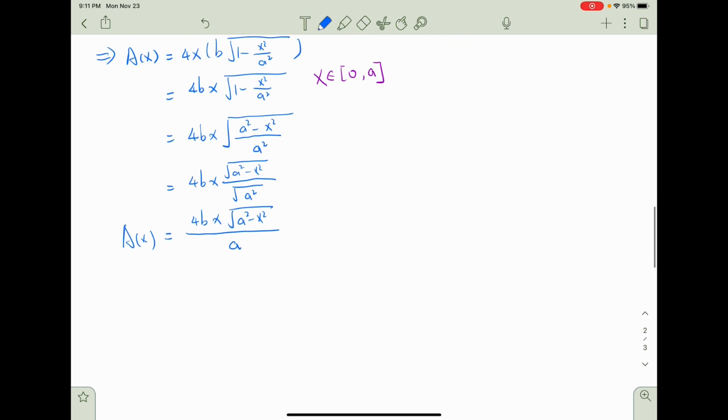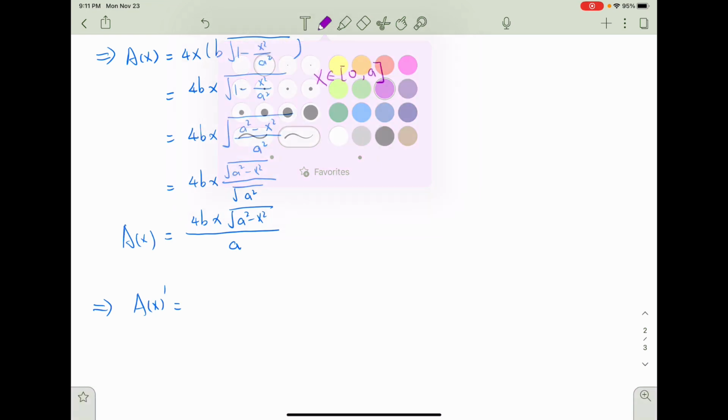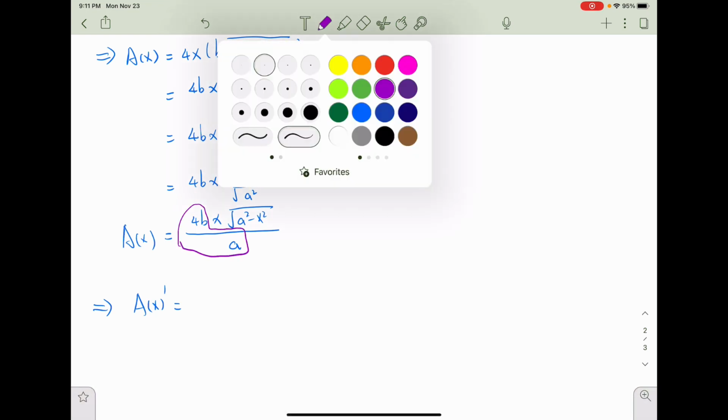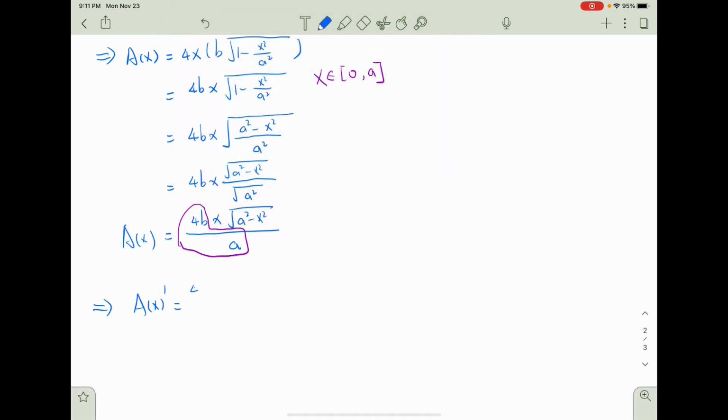So take the derivative, and we're using, of course, the product rule here. Firstly, knowing that this 4a over b is just the coefficient, we can ignore it, just factor it out here, not doing anything to it.